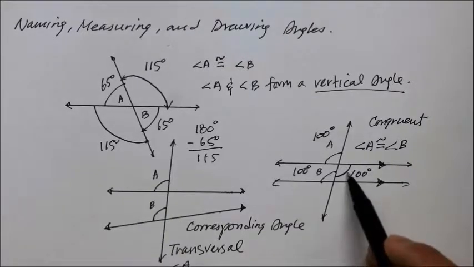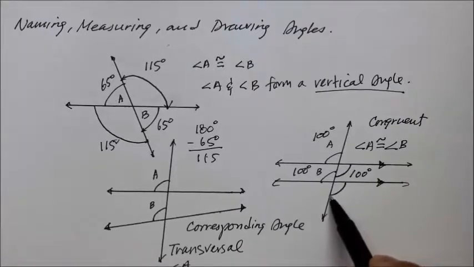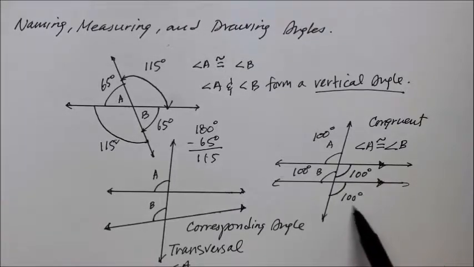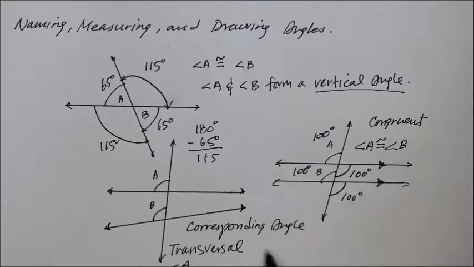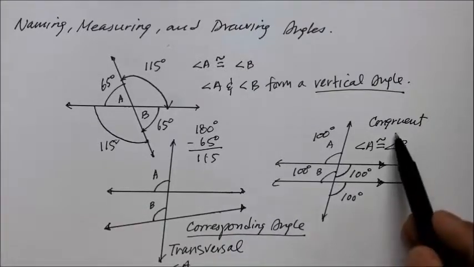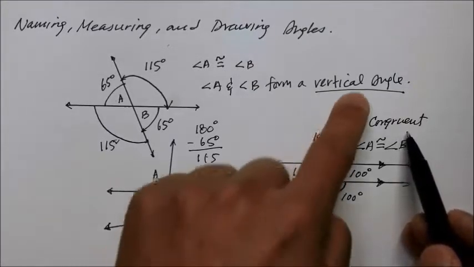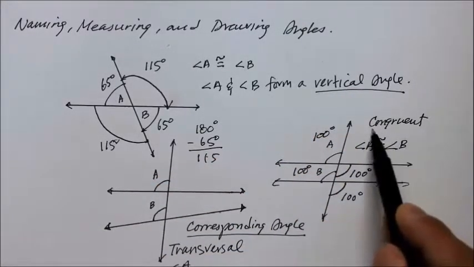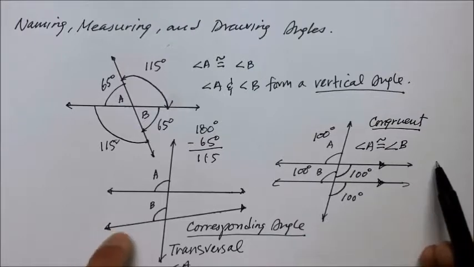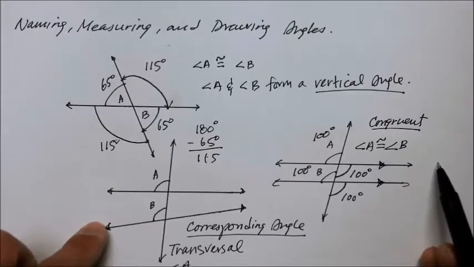And its corresponding angle on this side is 100 degrees as well. Kind of crazy, huh? So vertical angle, corresponding angle, where if two lines are parallel, intersected by a transversal, the corresponding angles are congruent. Not true if they're not parallel. Think about that.